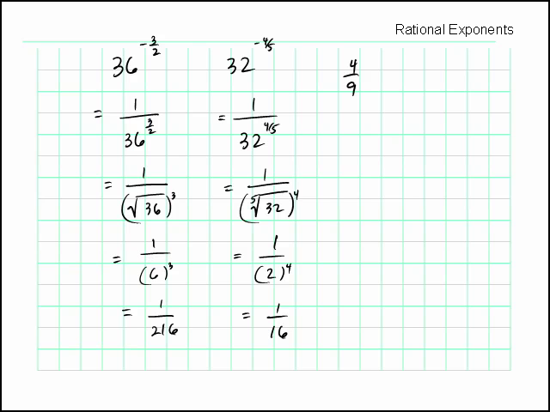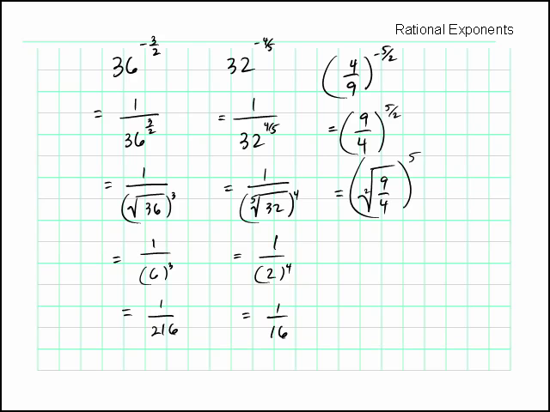4/9 to the negative 5/2. To make the exponent positive, we flip over the fraction, so this is 9/4 now to the positive 5/2 power. Writing it now as a radical, this is the square root of 9/4, and then I'm going to raise that to the 5th power.